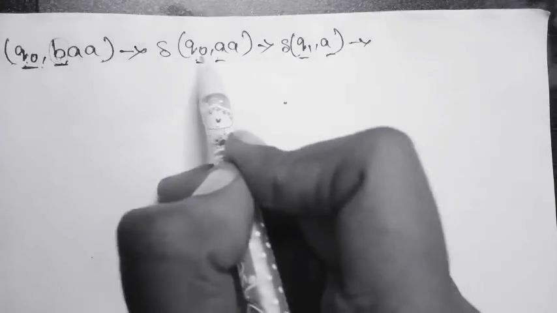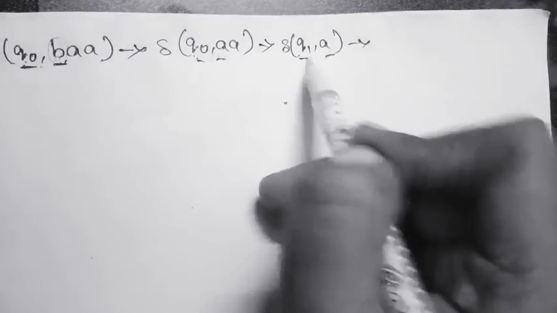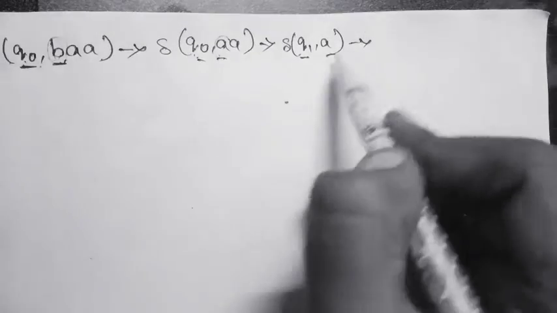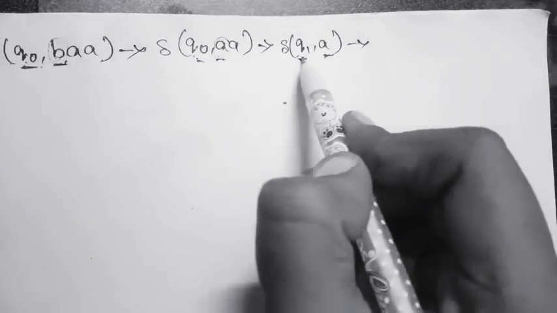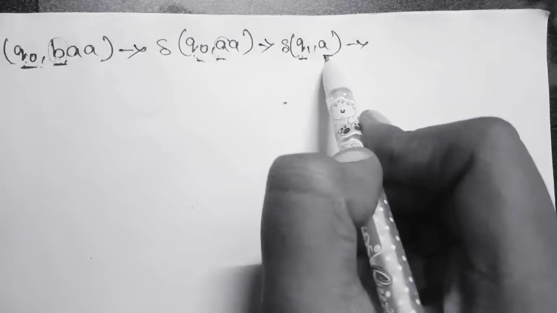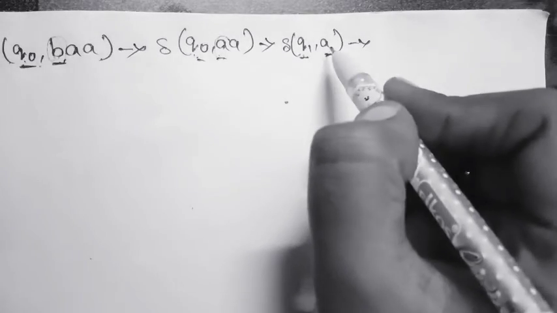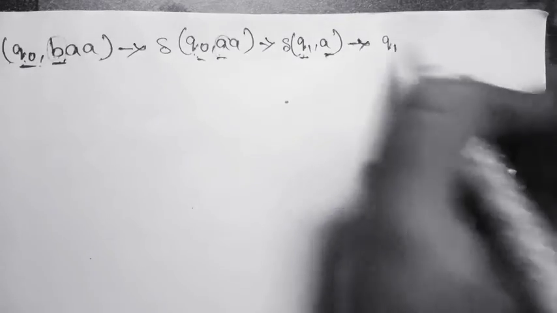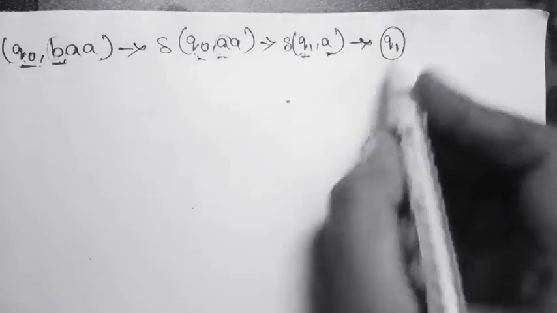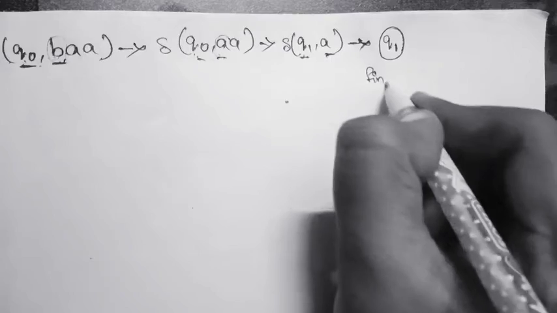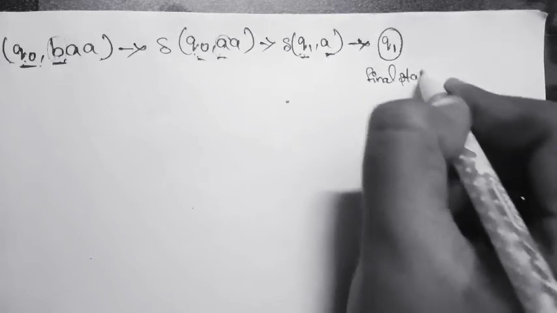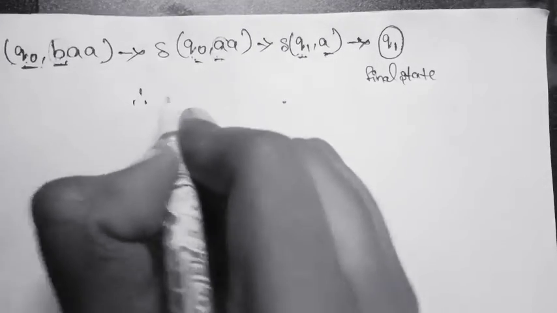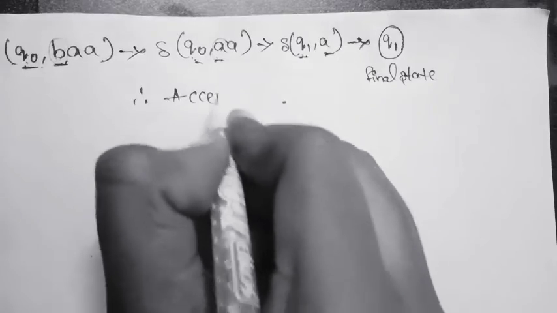See guys, Q naught of A is Q1. Then remove this A, and for this A again Q1 of A is a self loop. That means we will get Q1 as the output. That means it is the final state. So guys, we will state that our string is accepted.